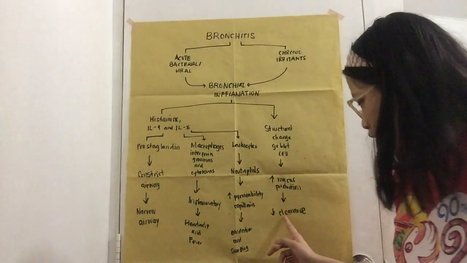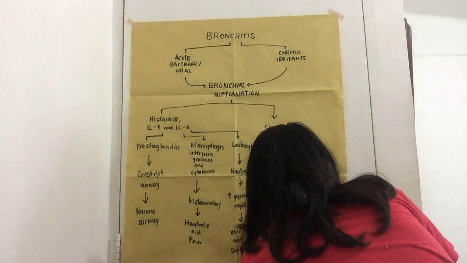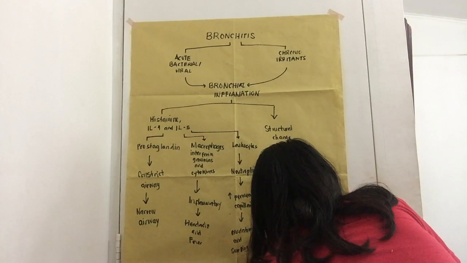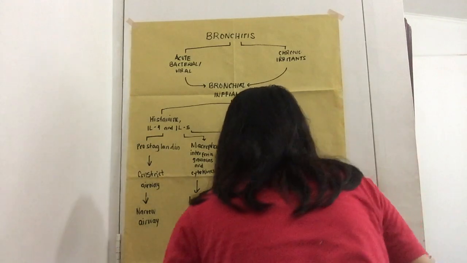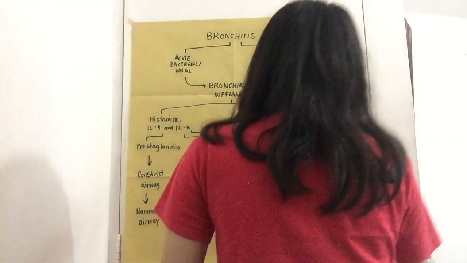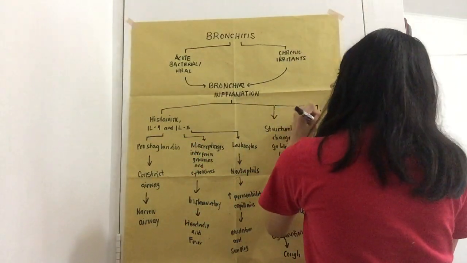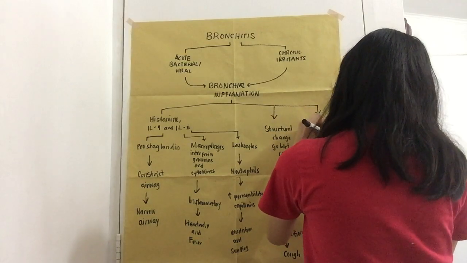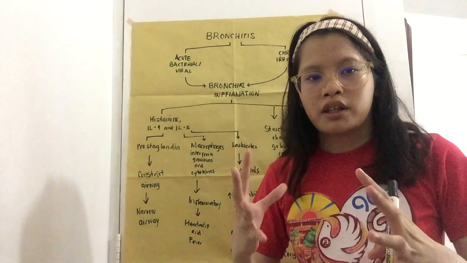This dysfunction of our mucociliary clearance will turn into cough. Our cough reflex is also called bronchospasm. This is when our smooth muscle tries to cough it out.